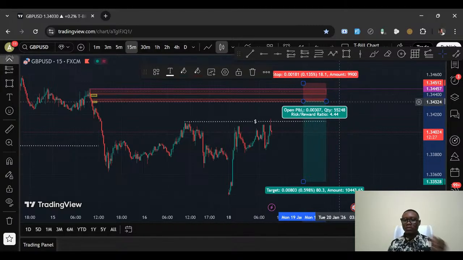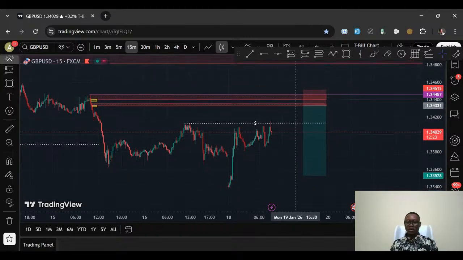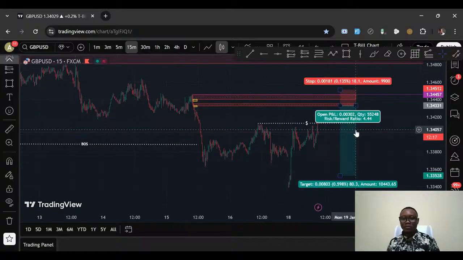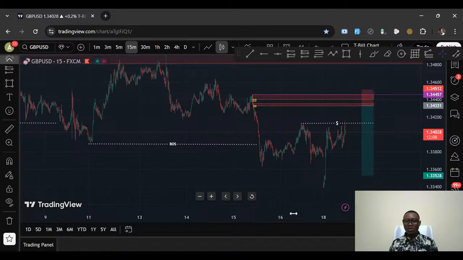So this is what I'm expecting for, and this is a 4.4 R, right? This is what I'm expecting for GBP USD. A sell.